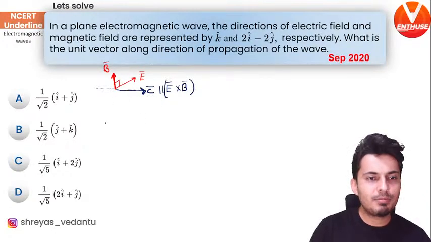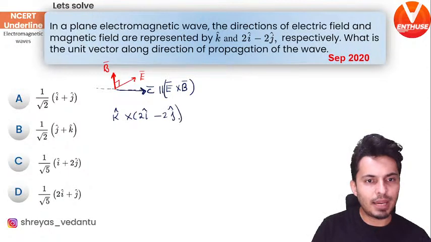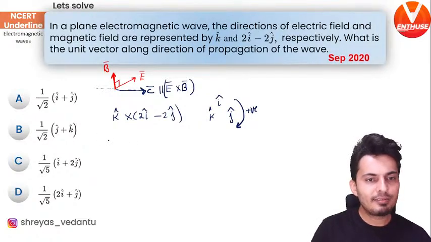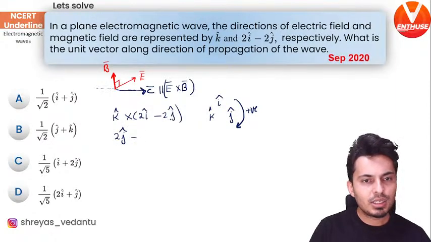So E cross B, I believe, will be K hat cross (2 I cap minus 2 J cap). For your convenience, I'll write down I, J, K over here. Remember, if you go clockwise, it is positive. So K cross I will be plus 2 J cap, minus K cross J will be minus 2 I cap.